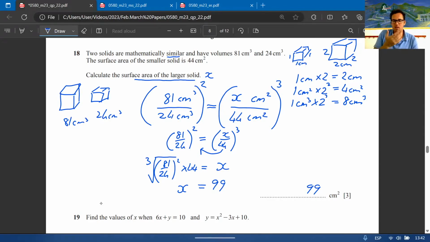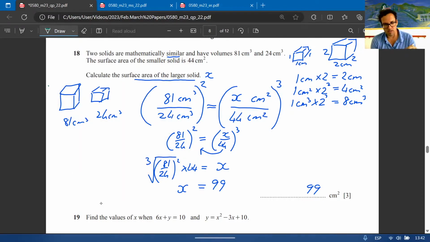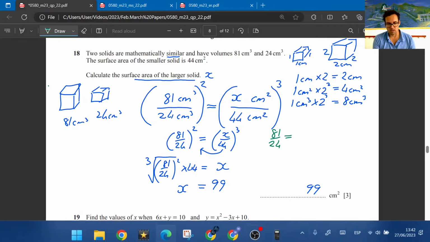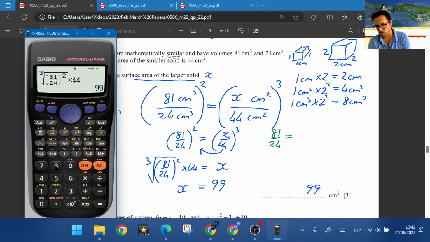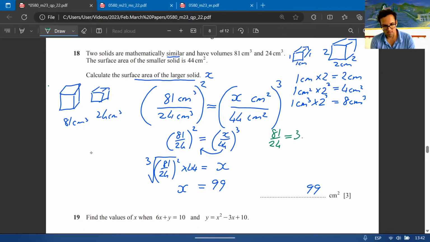Okay. I mean, another way to understand this maybe is we take the scale factor of the volume, which would be as just a normal number, 81 over 24, okay, 3.375. Then to find the linear scale factor we need to cube root that.